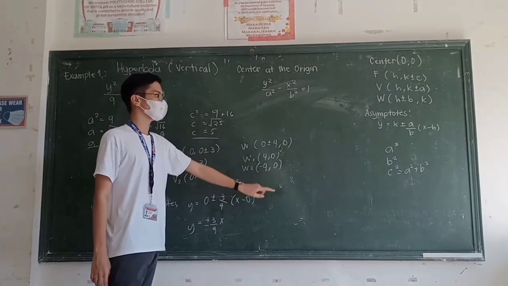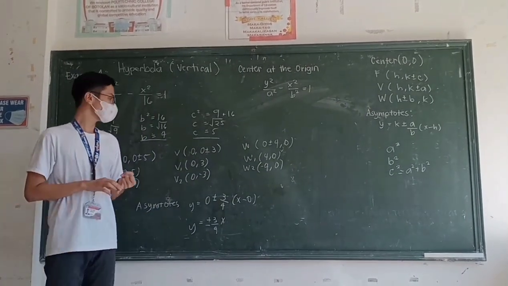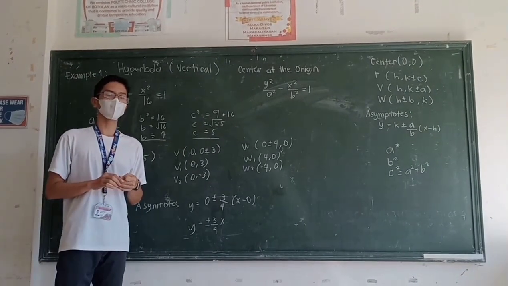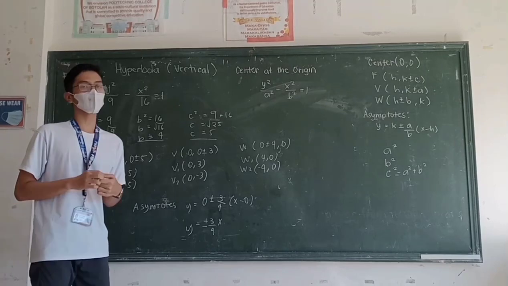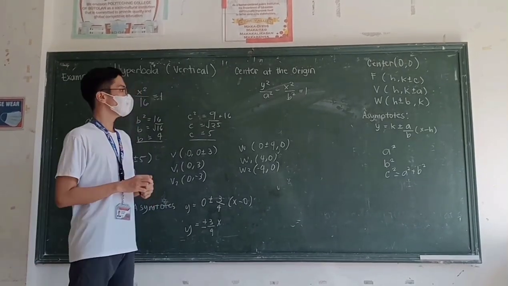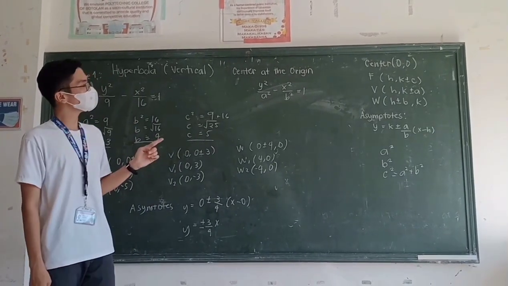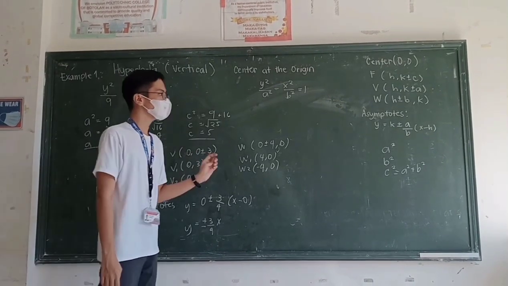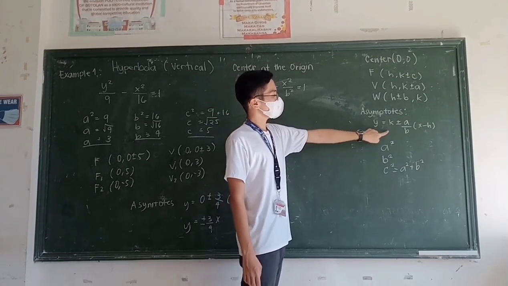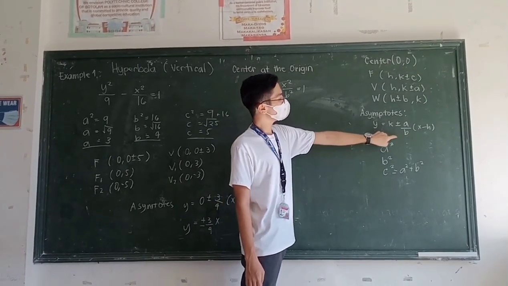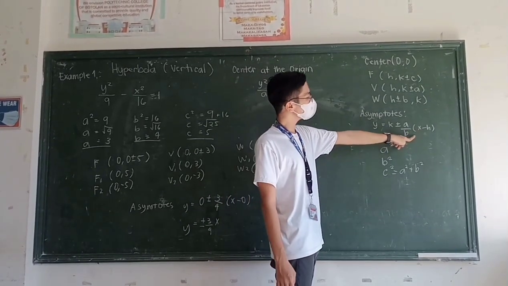After we find the foci, vertices, and co-vertices of the hyperbola, now let us move on to finding the asymptotes of the hyperbola. In finding the asymptotes of a hyperbola centered at the origin, we will have this equation: y is equal to k plus and minus a over b times the quantity x minus h.